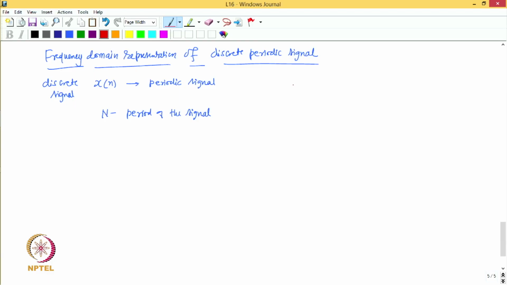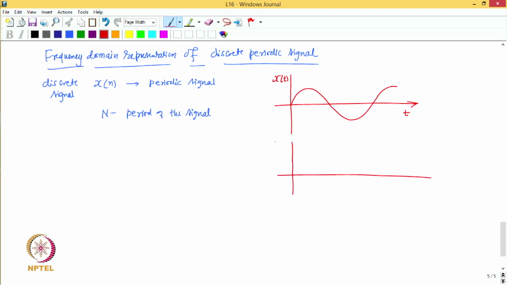Let us represent the continuous signal first, say this is x of t, and let us say that this is a simple sine signal like this. And when it is discretized, we will have x of n like this.